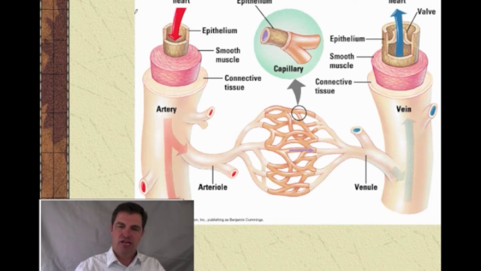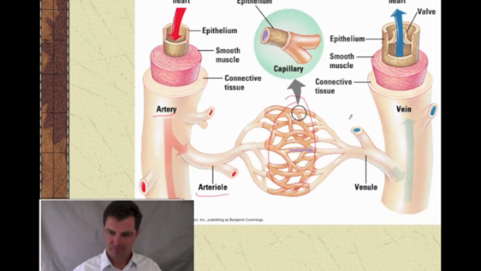Okay, so when we talk about circulating blood through a system or a network of blood vessels, one of the common ways to do that is to talk about these basic components: an artery, an arteriole, a capillary or capillary bed, a venule, and then a vein.